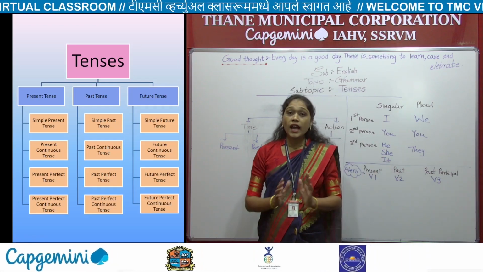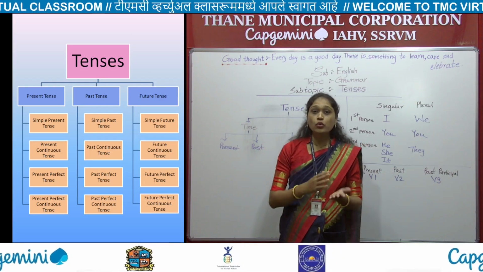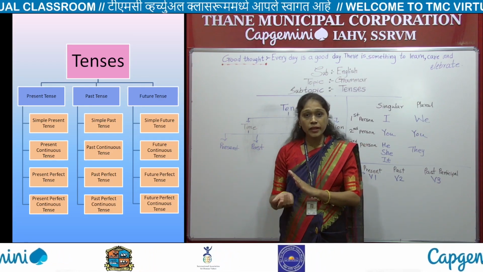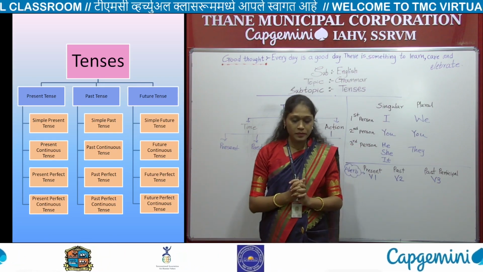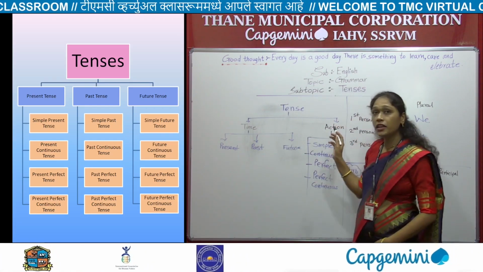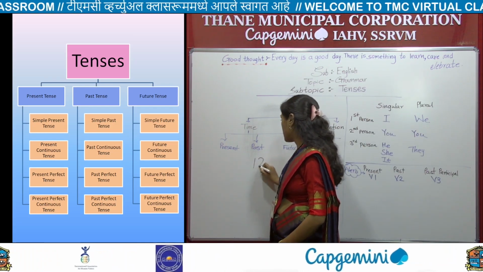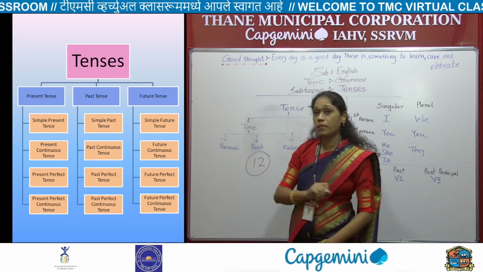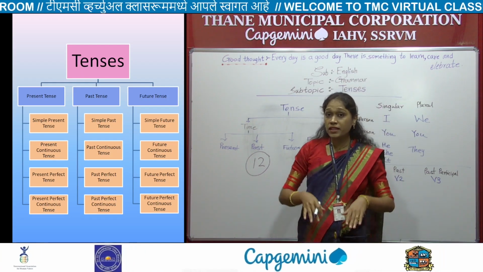Now we get an idea about the verb, main verb, helping verb, to do, to have and to be. Now we can understand tenses easily. With the help of the time and action, we can divide the tense into 12 subparts. How many? 12 subparts. See, in present tense, present means वर्तमान काळ.